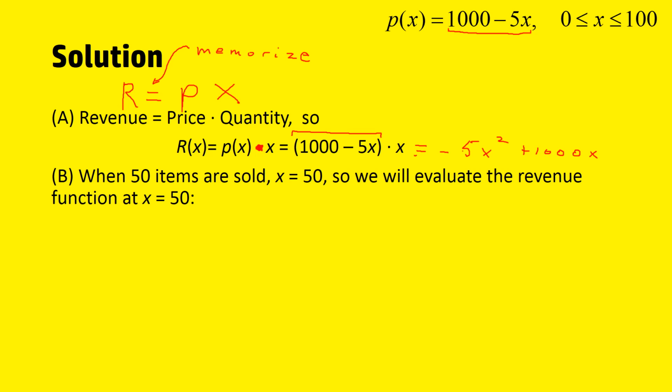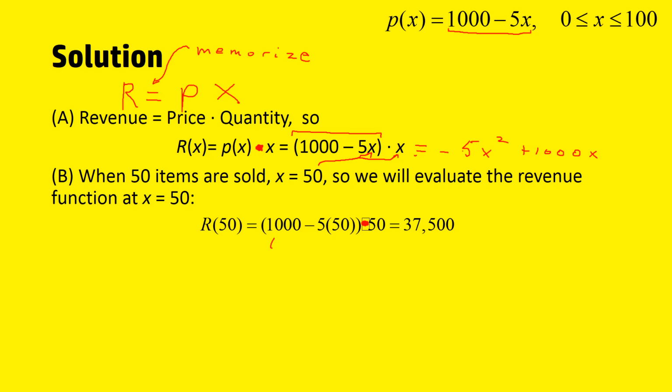Well, let's simplify this function if we want. We could say that's negative 5x squared plus 1000x. When 50 items are sold, what's the revenue? Well, we'll plug it in.